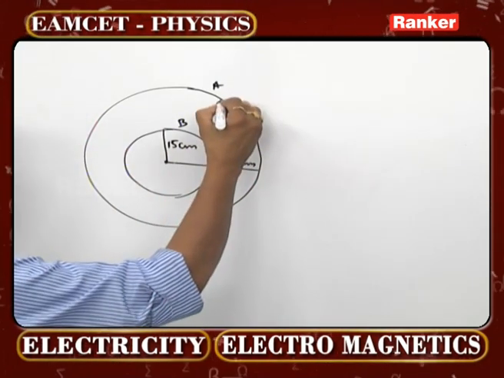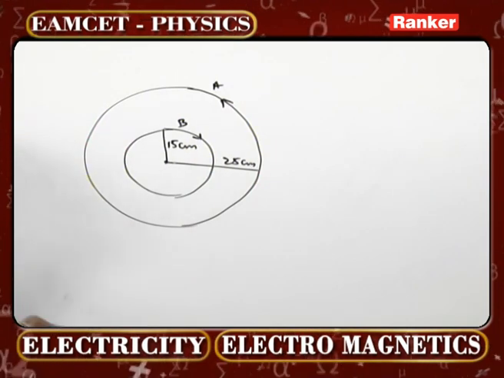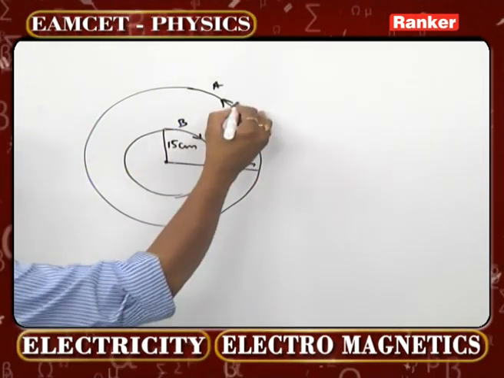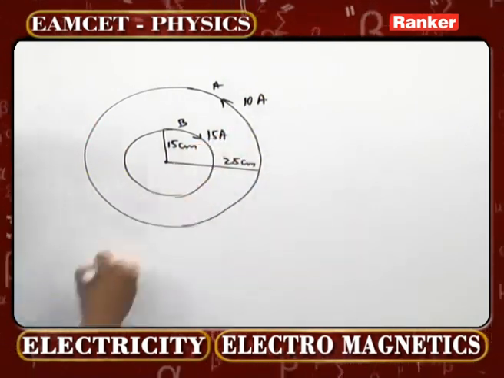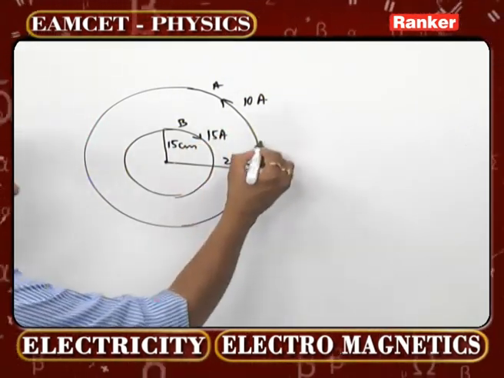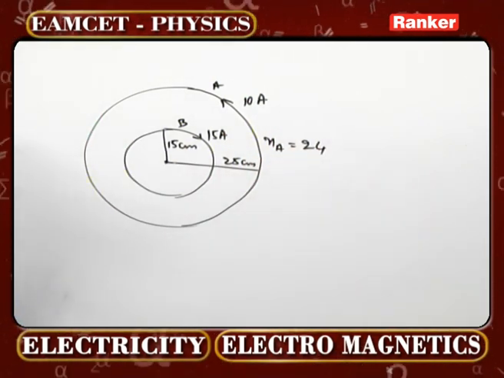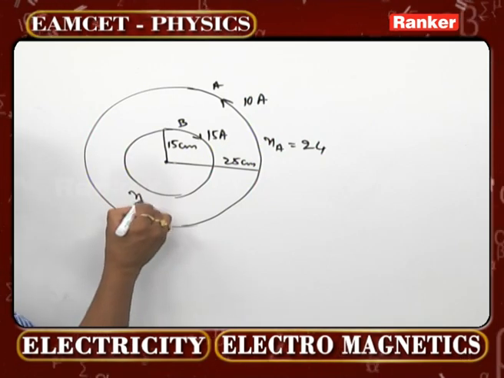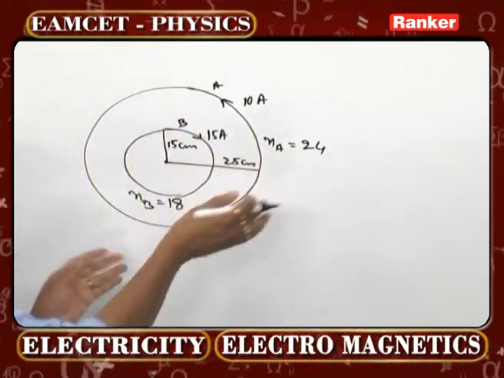Currents in both of them are flowing in opposite directions. A is carrying 10 ampere of current, B is carrying 15 ampere. The number of turns in A is 24, and in B it is 18. So this is the description.